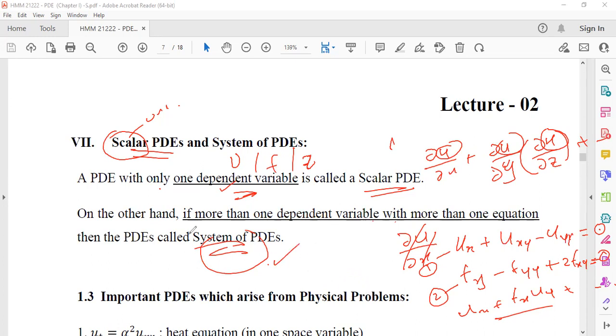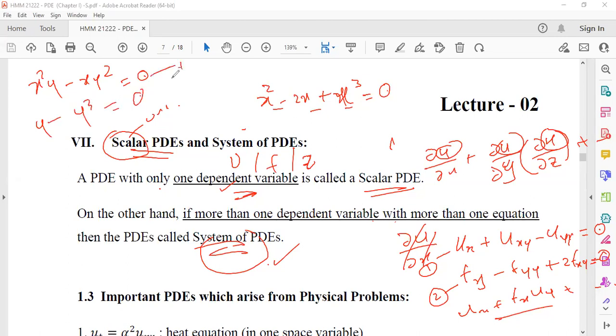Like the algebraic equation, for example, with only one variable, let's say x cubed minus 2x plus something equal to 0. If it is a system of equations, we have like this: x squared y minus x y squared is equal to 0, and again y minus y cubed is equal to 0.